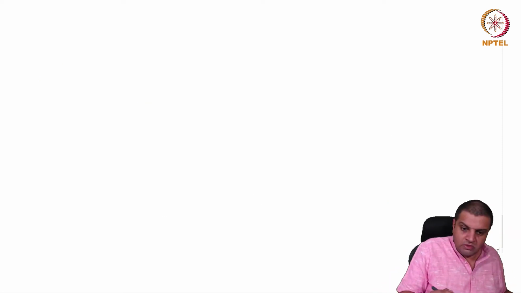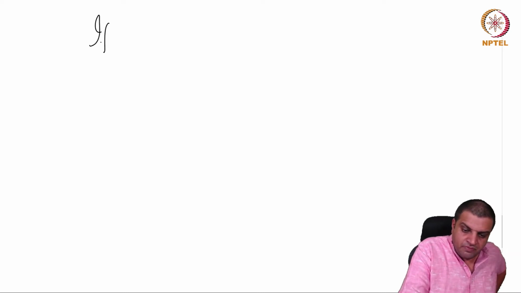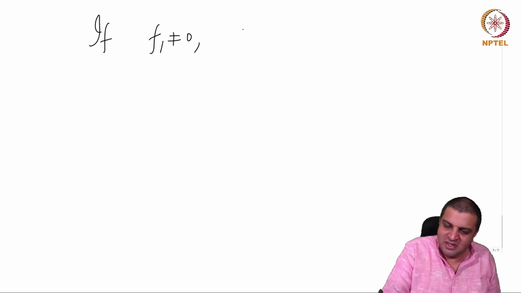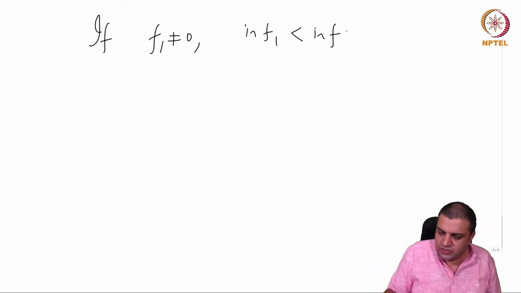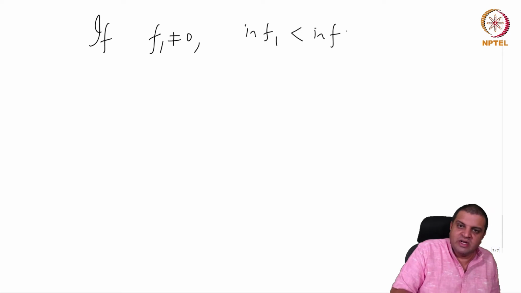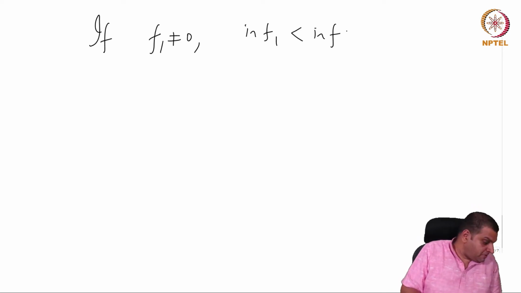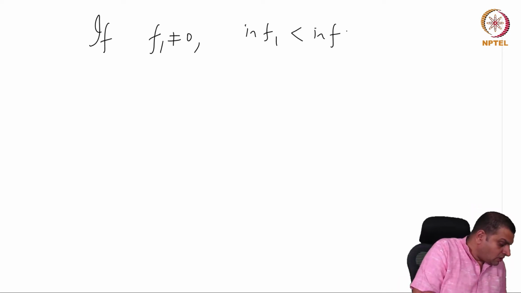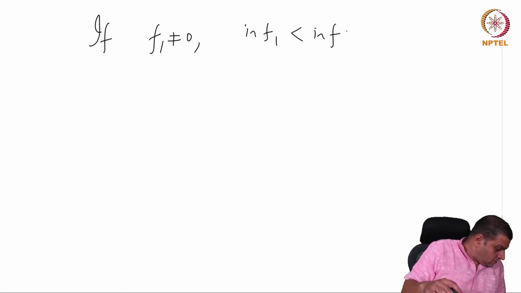So now let's observe this. If f1 is non-zero, then what we just did was to remove the leading term, and therefore the leading term in f1 is less than in f. In either one of those steps, f1's leading term is strictly smaller than the leading term of f. So now repeat this.